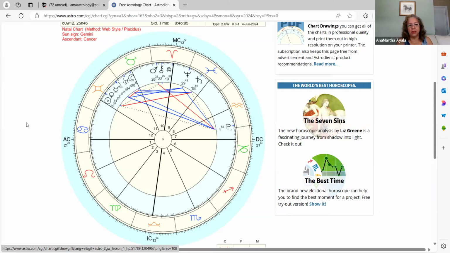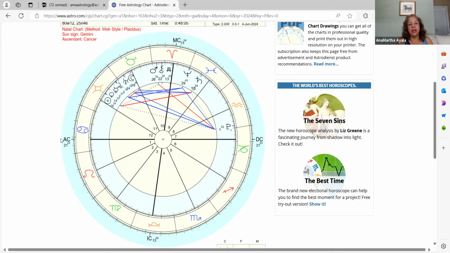An opposition is 180 degrees. So this ascendant would square your fourth house. The fourth house would square the seventh house. The seventh house would square the 10th house, and the 10th house would square your rising sign. And you can call this point either the ascendant or the rising sign, and it's the same thing.